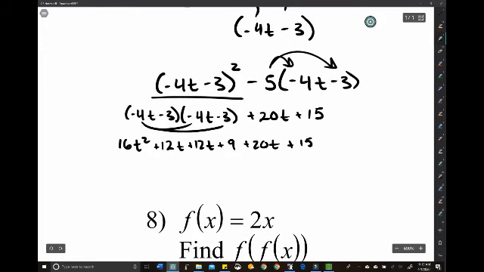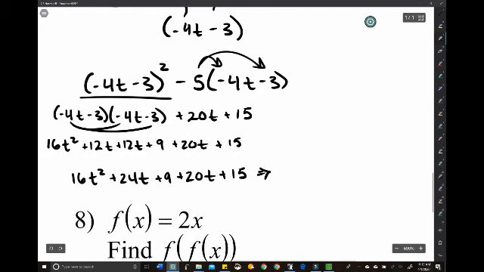And we're going to combine our like terms, 16t squared plus 24t plus 9 plus 20t plus 15. And the last step is we have a bunch of t's and we have the 9 and 15.